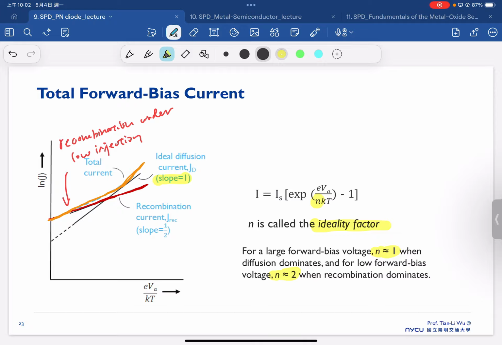If you look at the many papers that study diodes, they always report this ideality factor because it reflects whether the transport characteristic is purely dominated by diffusion or something else. If you get a larger n factor, that means you are influenced by more non-ideal effects.